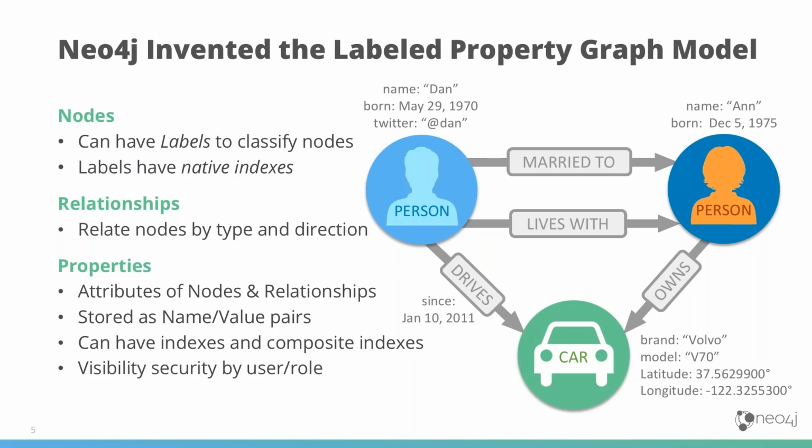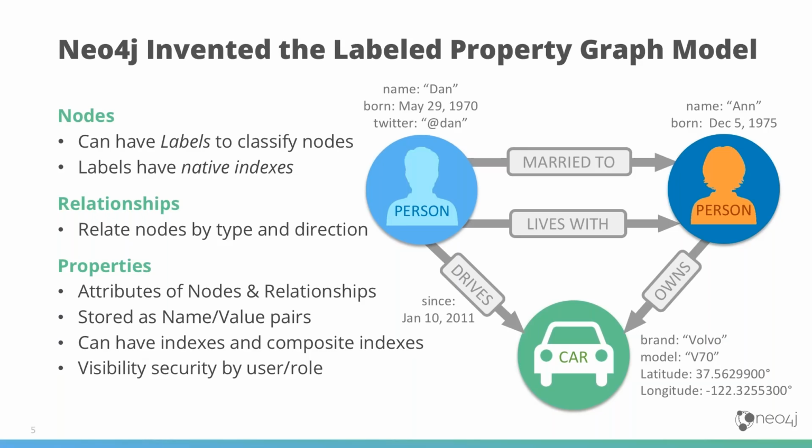So a little bit about the property graph model that Neo4j has invented. Graph in general is about nodes and relationships. Some people refer to them as vertices and edges as well. But basically, with nodes and relationships and then properties, you can imagine a model like this where you have a person on the left, Dan, and a person on the right, Anne, who have certain relationships.